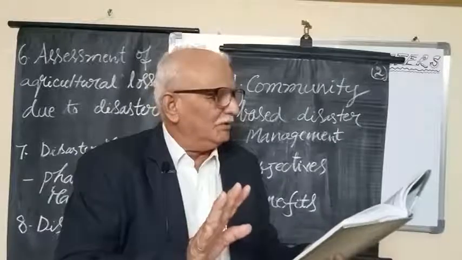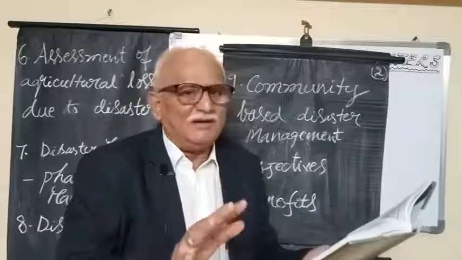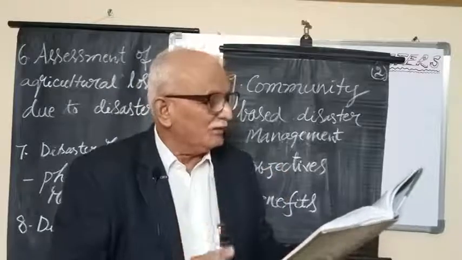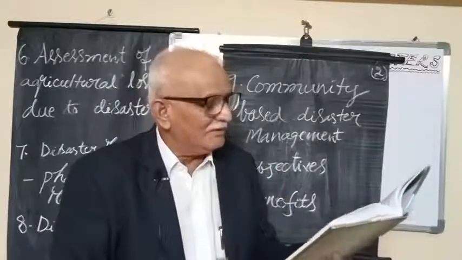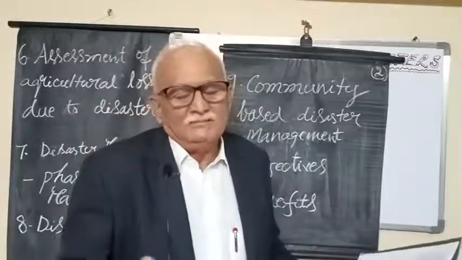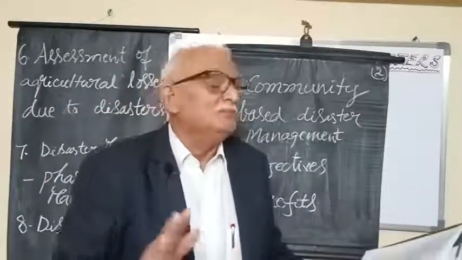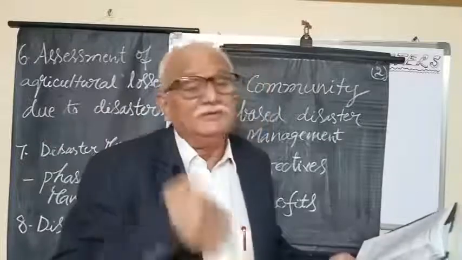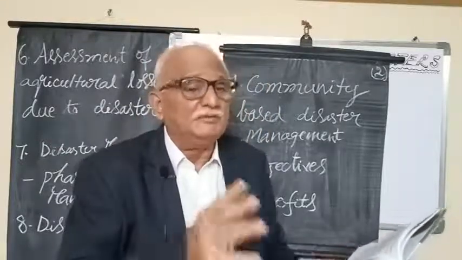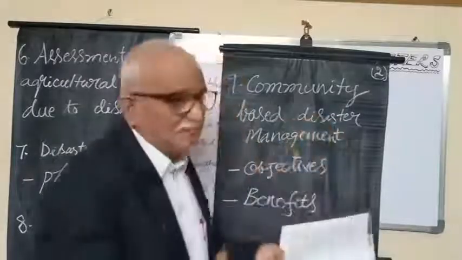First, we should prevent avoidable loss of life, then we go for these things stepwise. The last one is to speed up recovery and rehabilitation towards development. What all had happened had happened, so we have to rehabilitate and march ahead with development activities. That should be the motto of community-based disaster management.